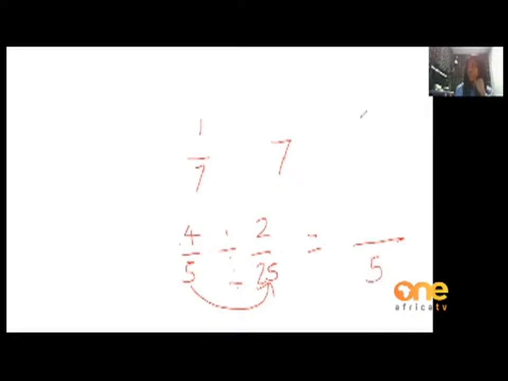Okay, then it is 5, and I put 4 over 5, and then I swap it around and I put the 25 on the top and I put the 2 in the bottom. Agreed. So then I divide by 2 and I divide by 5, therefore giving me my answer of 10.